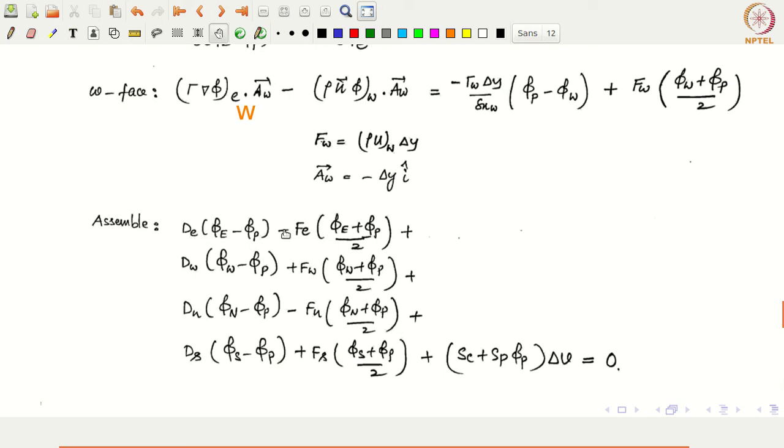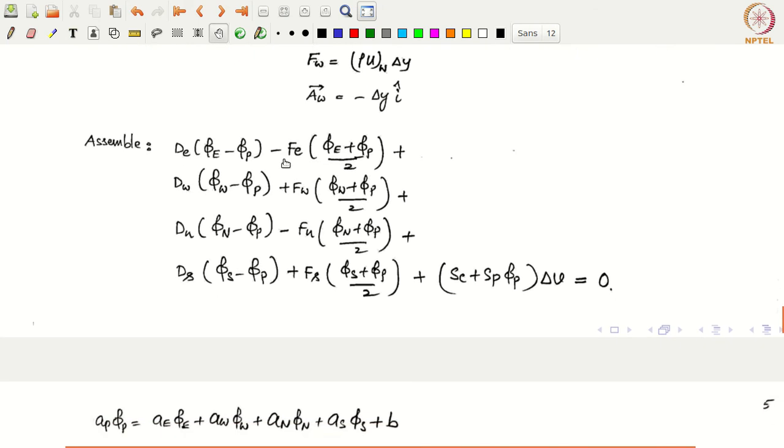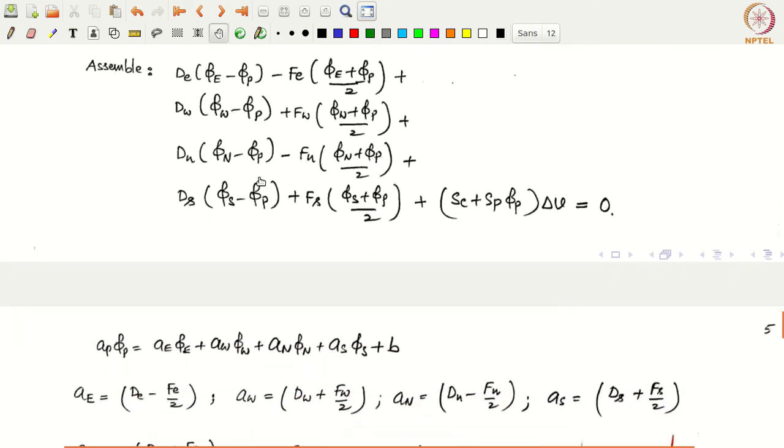What about the coefficient for phi p? When you send it to the right hand side, this becomes a plus and this becomes a plus as well. For phi p, the coefficient would be dE plus fe by 2, and the coefficient for phi east is d east minus fe by 2. You see there is a difference between the coefficients now. So if I were to write it as AP phi p equals sigma NB phi NB plus B, the coefficient for A east would be d east minus fe by 2, since phi east remains on the left hand side.